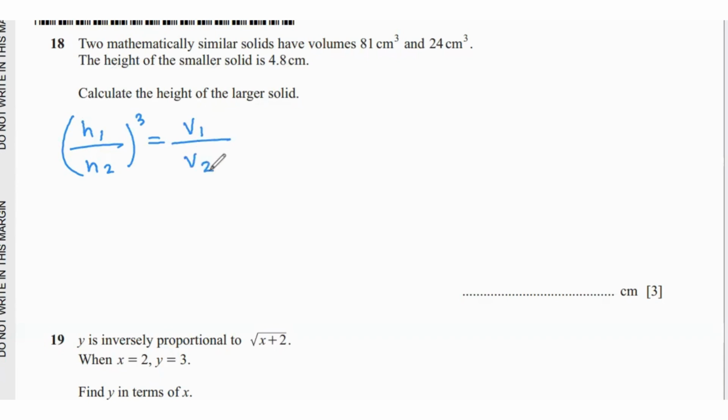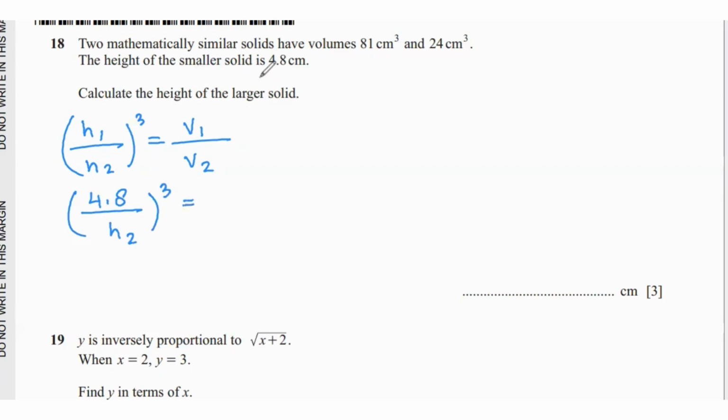This is the condition for finding volumes for similar solids. If we're talking about areas, then instead of cubing the ratio of the heights, you square it. That's the only difference. So we know that the smallest solid, let's call that H1, 4.8 is the height, and H2, which is the height of the largest solid we're trying to find.